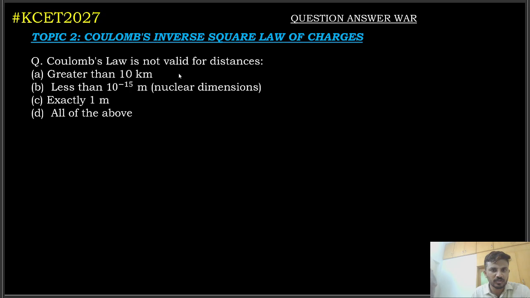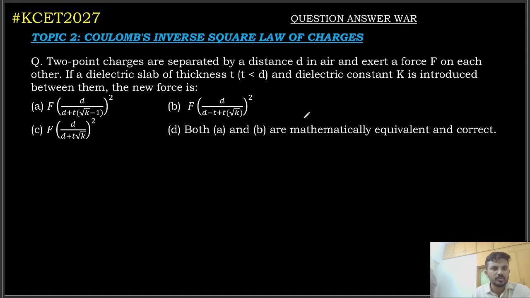Next we have, Coulomb force is not valid for the distance. So Coulomb force doesn't exist inside the nucleus, so that is less than 10 to the power minus 15 meter. So this I have already given. Two point charges are separated by distance d in air and exert a force F on each other.